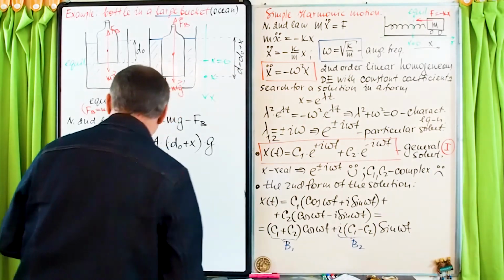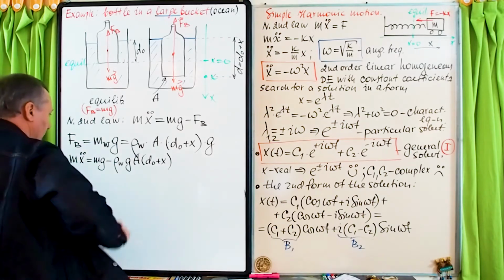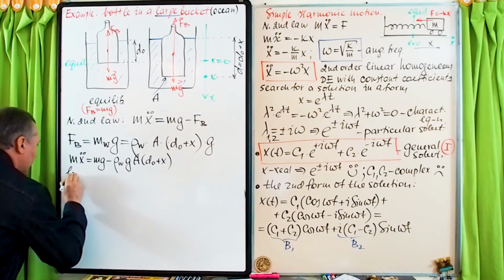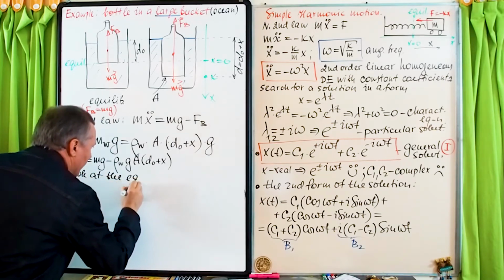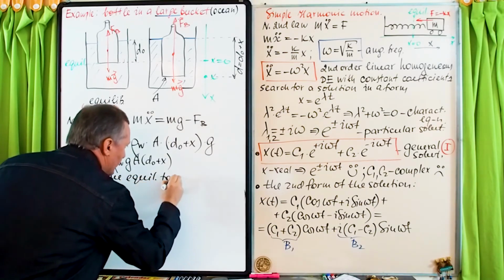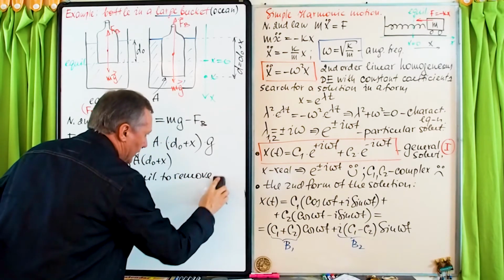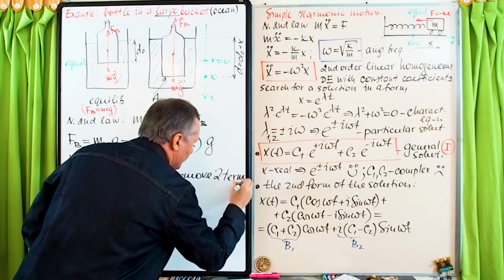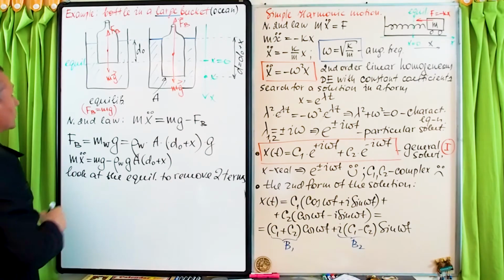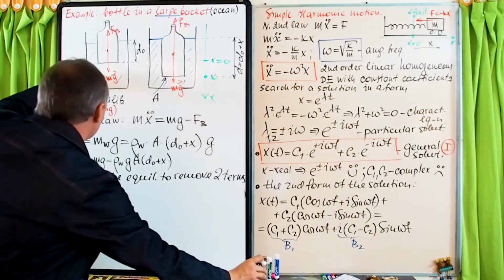So now, look at the equilibrium to remove two terms. Okay, so at the equilibrium, we know the buoyant force equals the gravitational force, right?